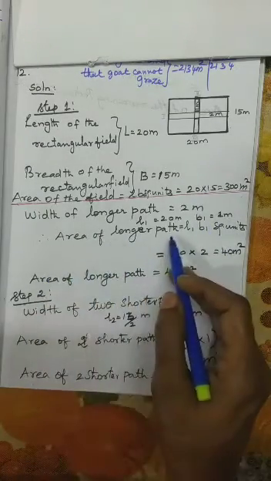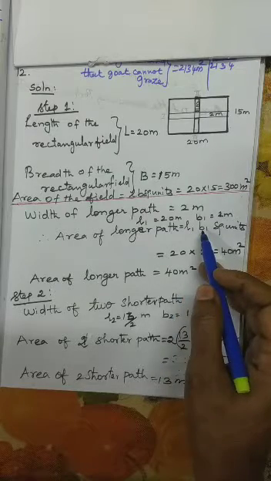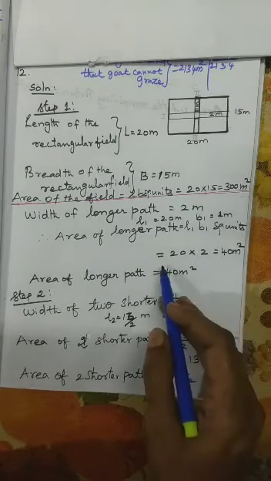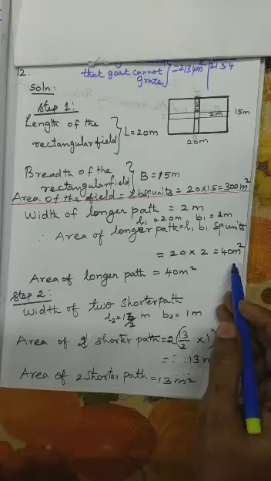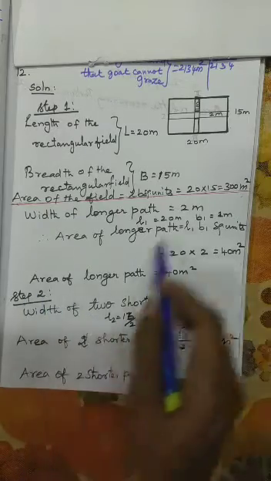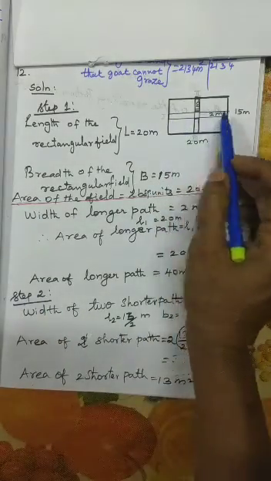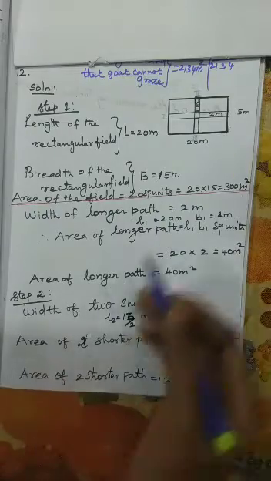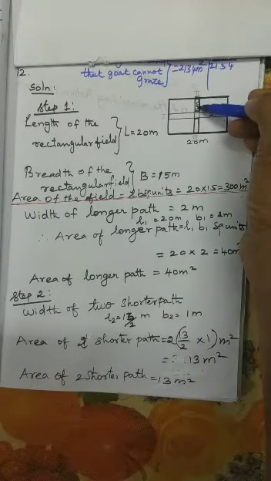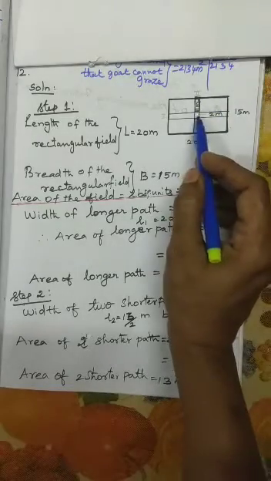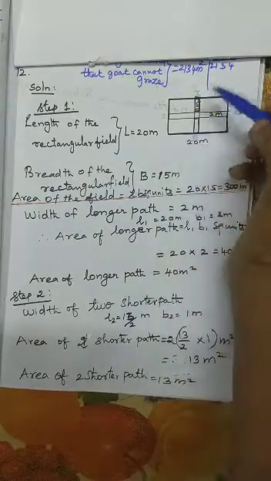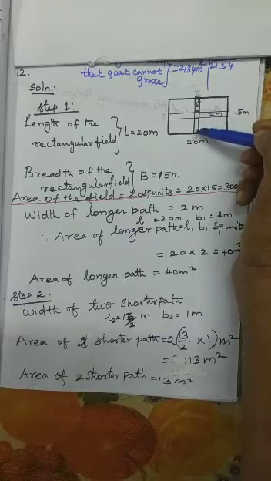So area of the longer path is equal to L1 into B1 square units. That is 20 into 2 is equal to 40 meter square. So we have found the area of the longer path. It is 40 meter square. Then we shall see this one, this area we have found. So we have to find this area and this area.